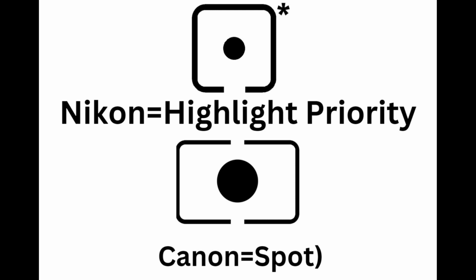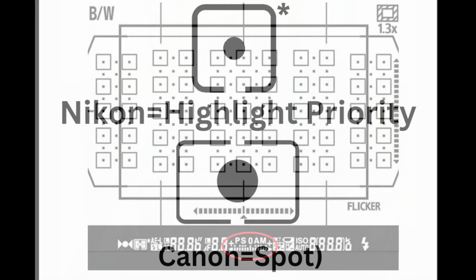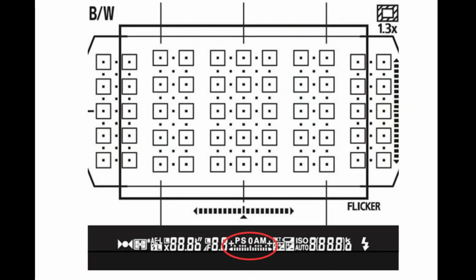So how do we know that this light meter is working? Well, when you look through your viewfinder, at the bottom where you've got your information bar, there's a little set of dashes which go to the plus and the minus side. So if you point your camera to a bright area, the little meter will start going to the plus side, whereas if you point your camera to a darker area, it'll go towards the minus end.